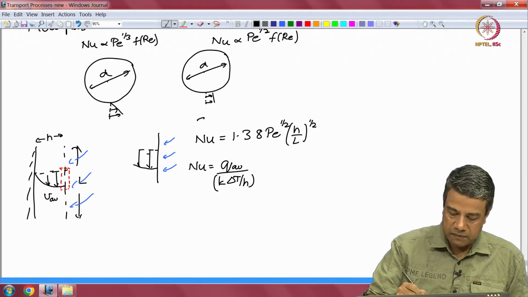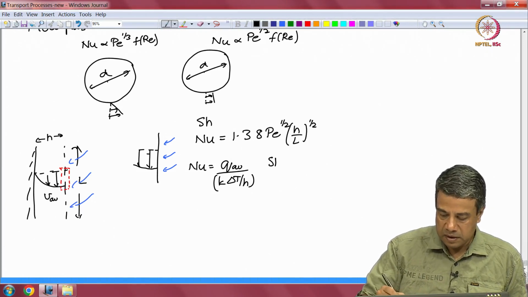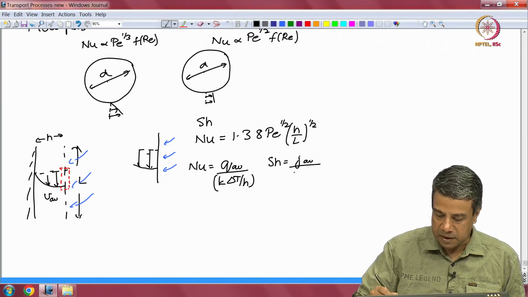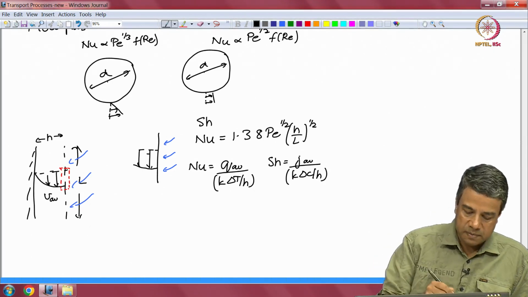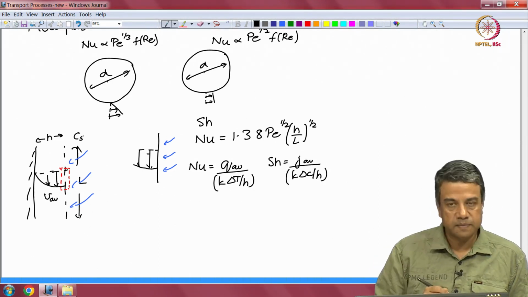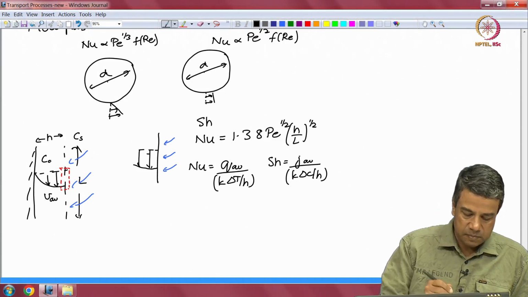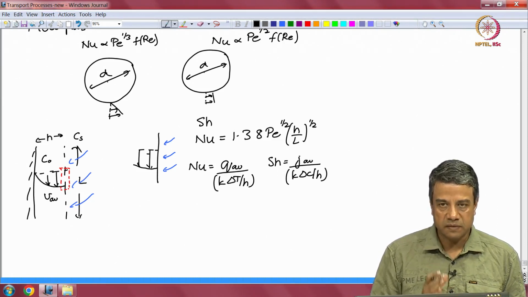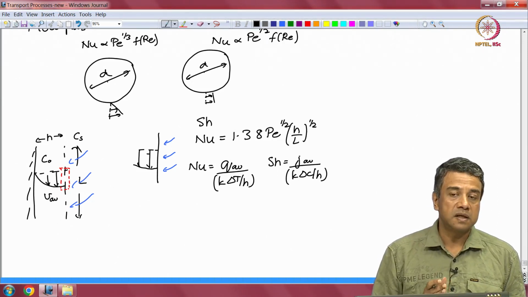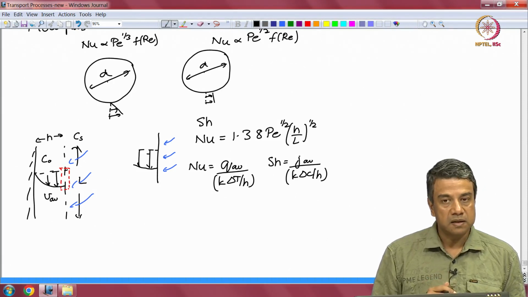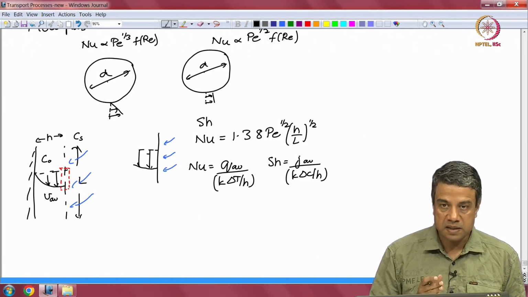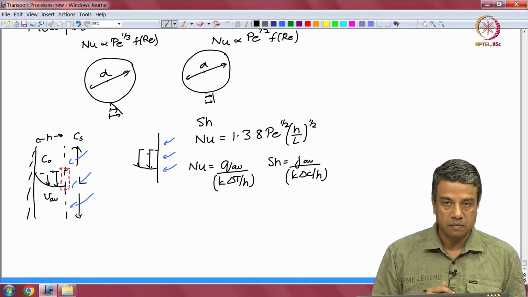Alternatively, if I were to write this in terms of the Sherwood number for some species that is dissolving in the gas, this would be J_AV by k delta C by h, where delta C is the difference between the surface concentration, which is the concentration in equilibrium with the gas, and the concentration C naught in the bulk. Similarly, delta T will be the difference between the temperature in the gas at the surface and the temperature in the bulk of the liquid.